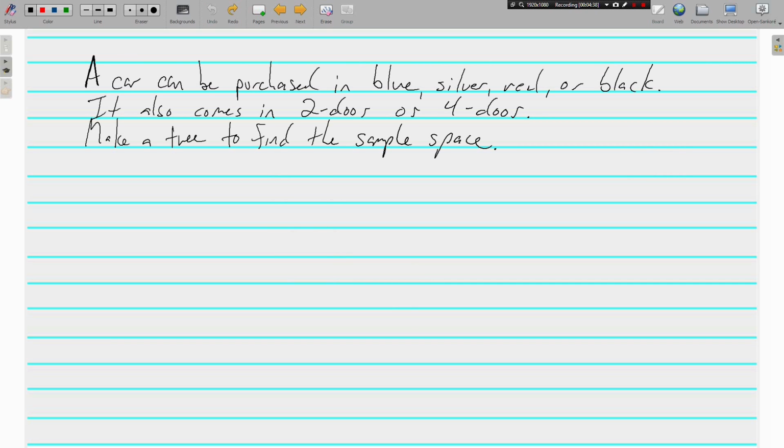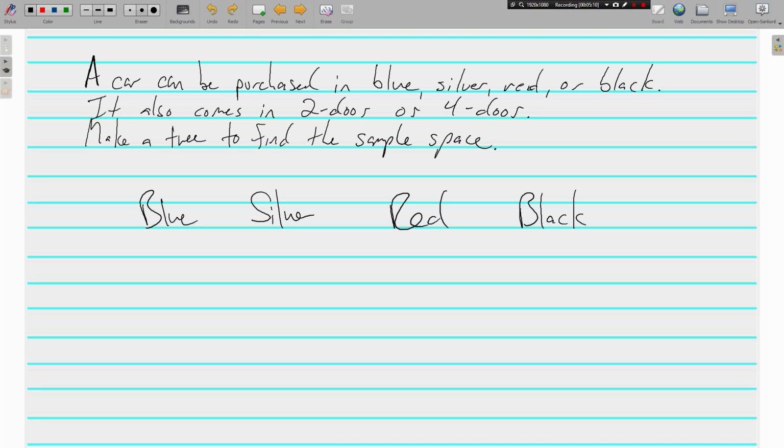This says a car can be purchased in blue, silver, red, or black, and it also comes in 2-door or 4-door. Make a tree to find the sample space. Alright, so here's what a tree diagram is going to look like. I'm going to start with my first set of options. We've got blue, silver, red, and black.